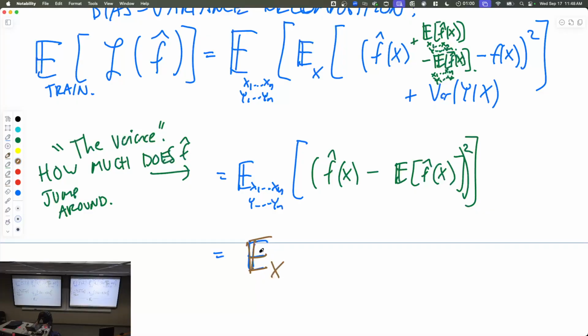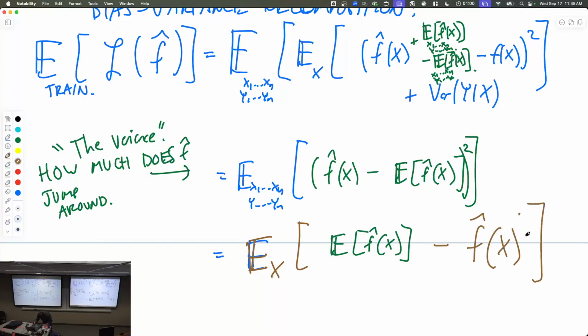Expected value, just the test point x. And then we're doing the expected value of f hat of x minus the true value. The true value, and I'll do this in brown. Okay, minus f hat of x. And that is all squared.